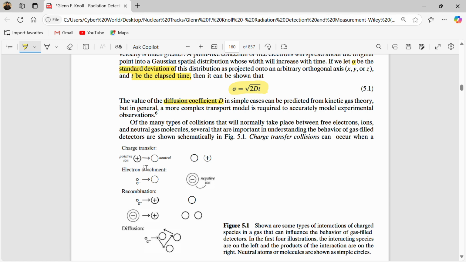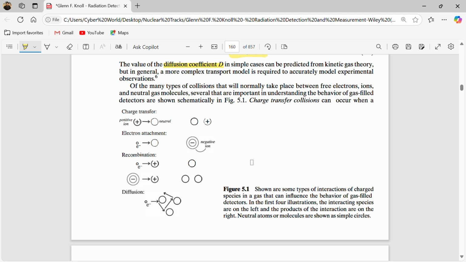Let's check out this figure 5.1, which tells us about charge transfer collisions and when they can occur. It shows some types of interactions of charged species in gas that can influence the behavior of gas-filled detectors. In the first four illustrations, the interacting species are on the left, and the products of the interaction are on the right.